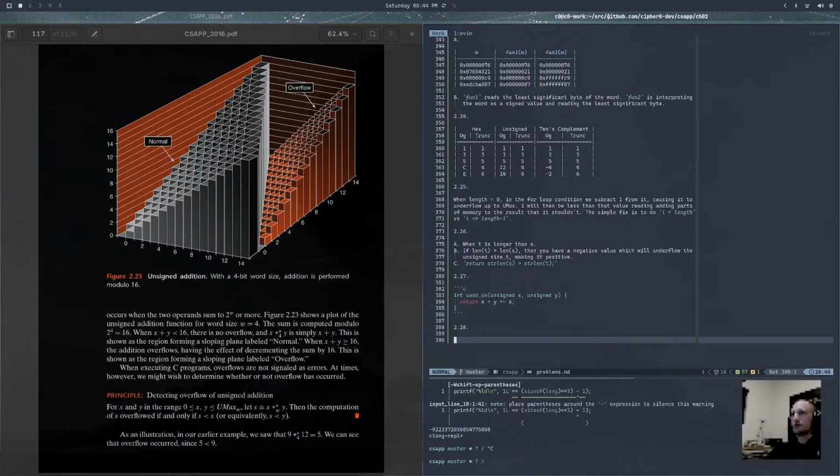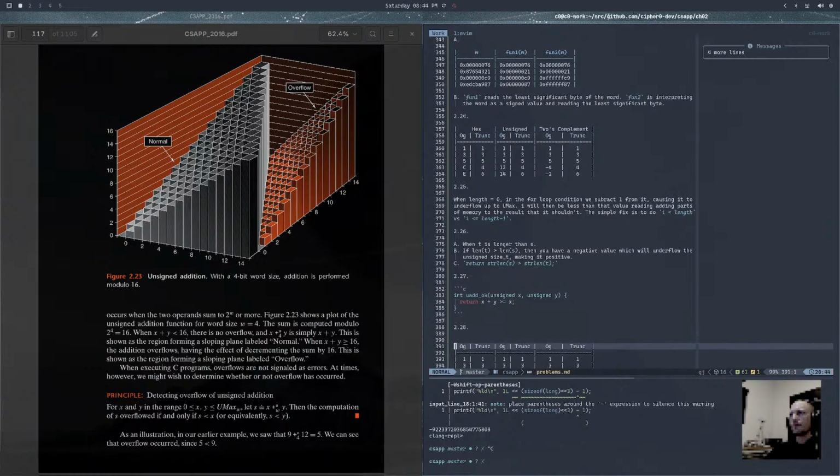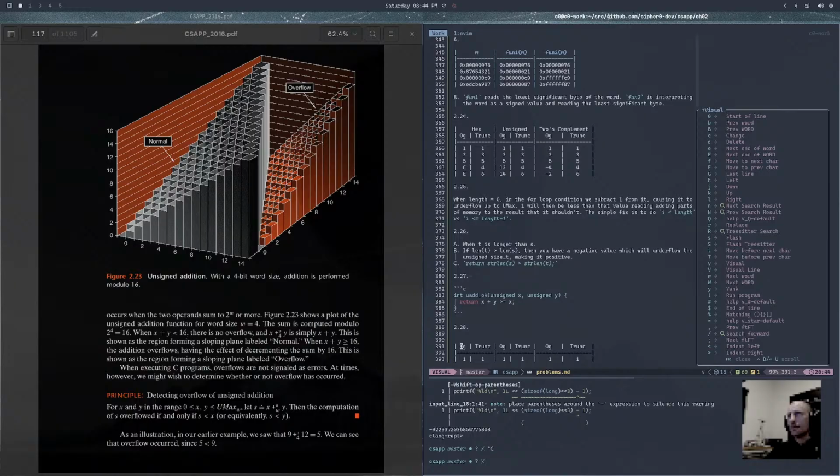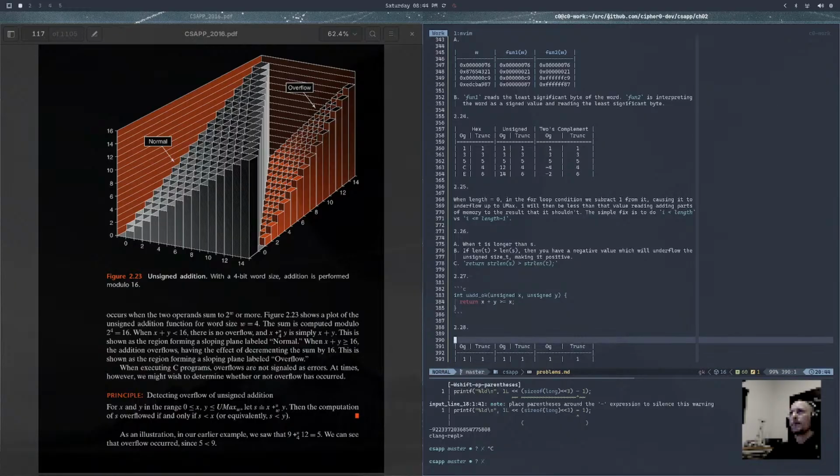Okay, let's go and do our table. Something like this. And we're going to have what?